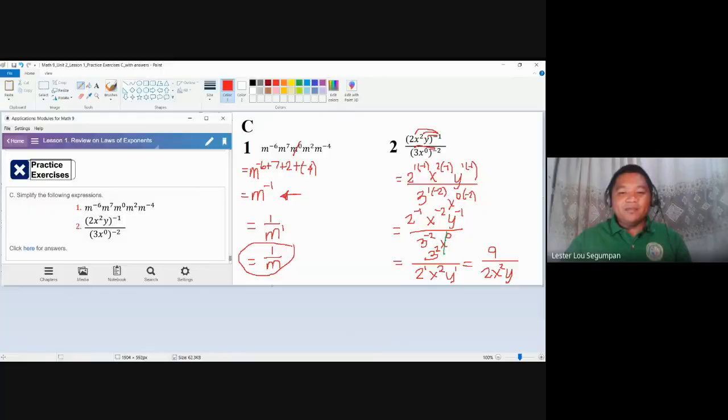The purpose of reviewing these laws of exponents is that our next lesson is about another type of exponent. What we have been talking about in this lesson, lesson one, are all integral exponents, meaning the exponents are in integer form.